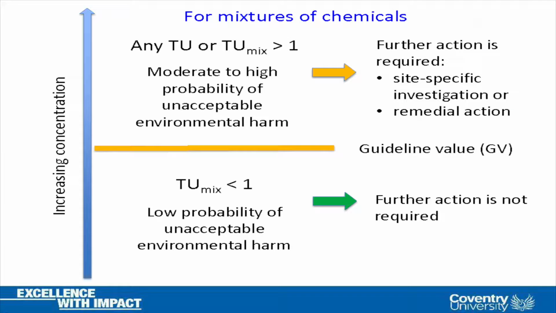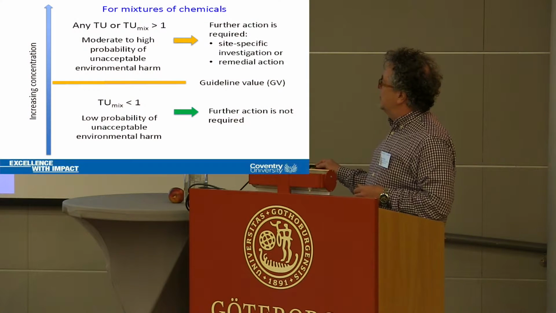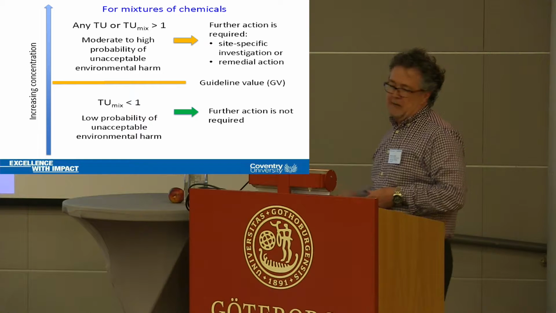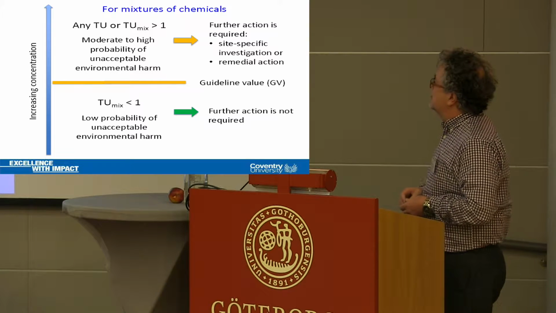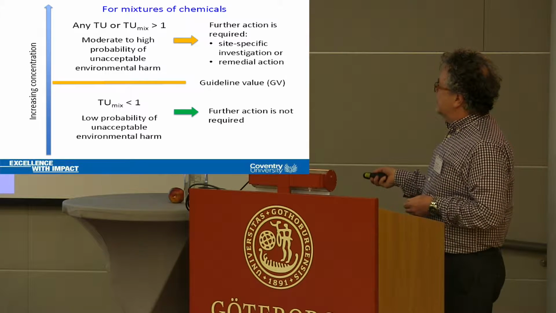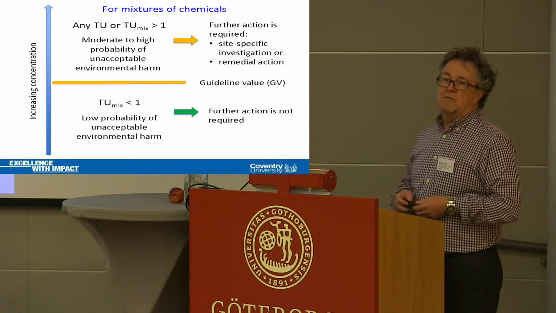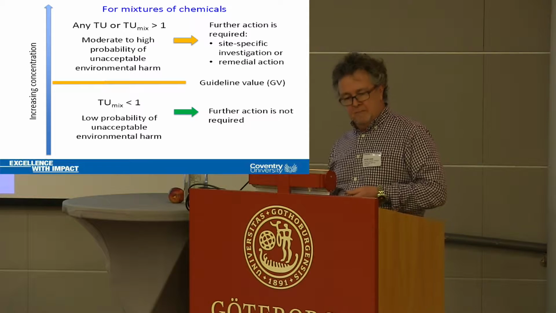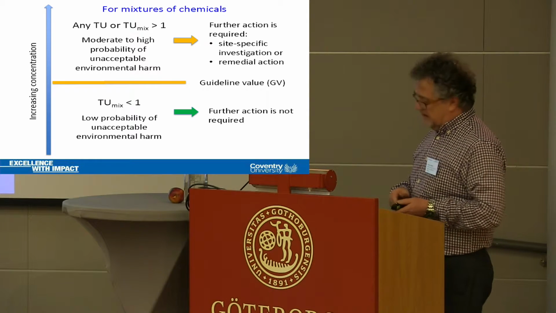And it's the same old toxic unit approach. For an individual chemical, we divide the concentration by our guideline value, and then you can sum those up for all the chemicals in your mixture. Certainly in discussion group 3, we've very clearly discussed what some of the limitations are of this method, and I'm sure you're all aware of those anyway.